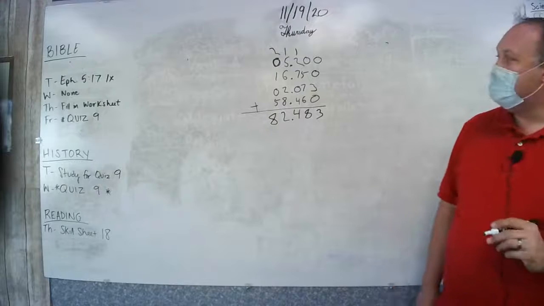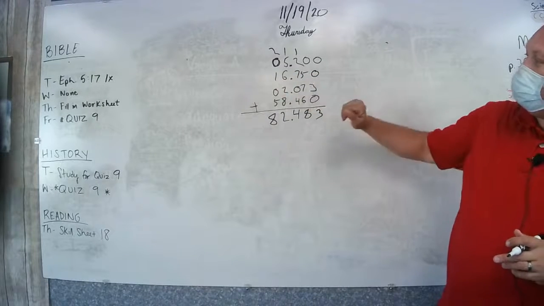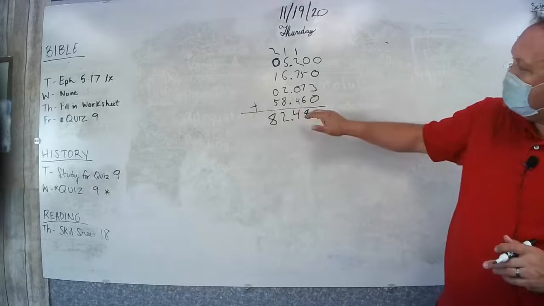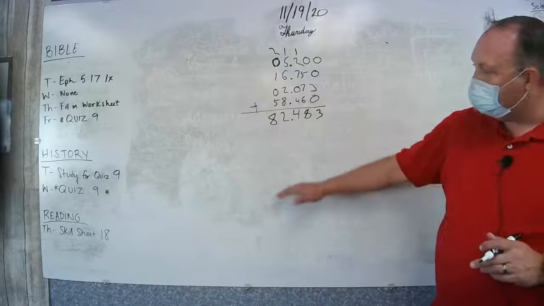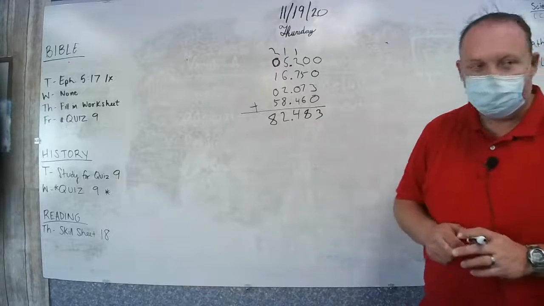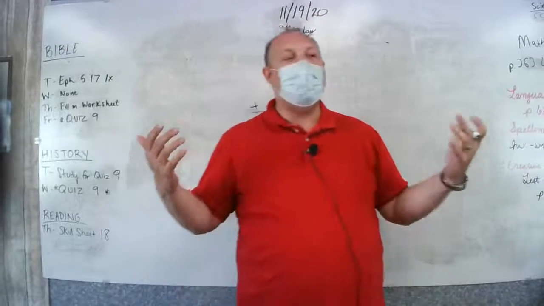So if I have 5.2 plus 16.75 plus 2.073 plus 58.46, I'm going to get 82.483. It's just adding like normal.